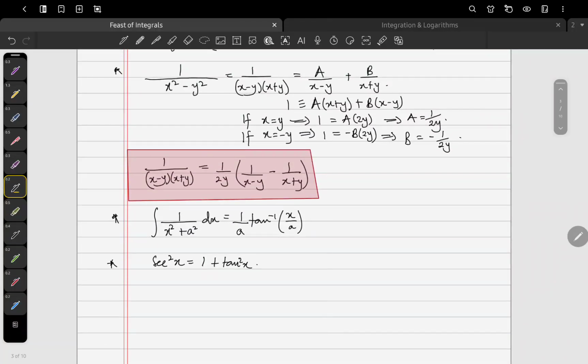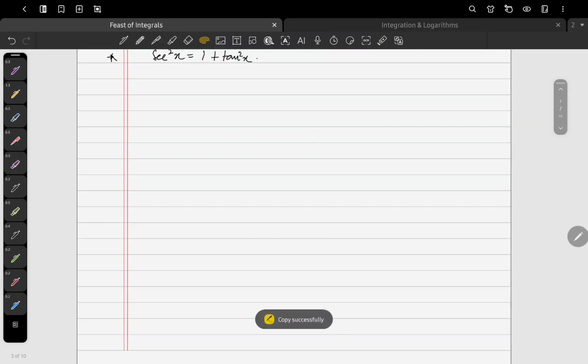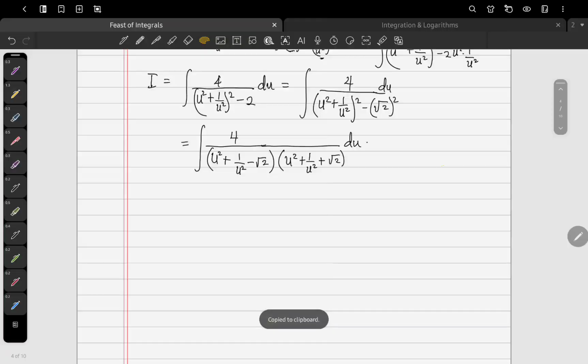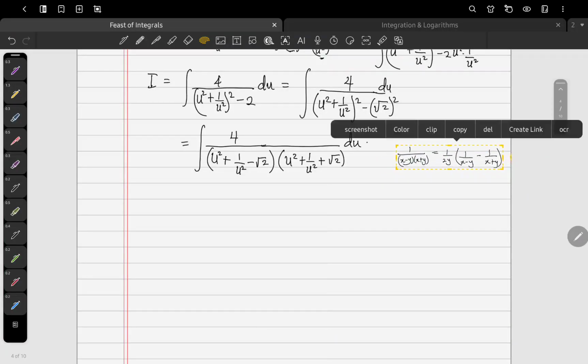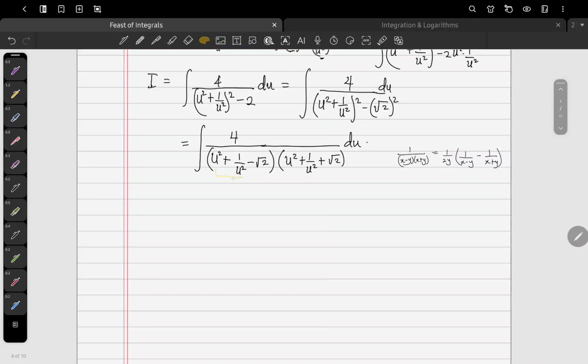So when we have the partial fraction of any difference of two squares, x squared minus a squared, or x squared minus y squared, it is always going to end up as, maybe I should copy this and paste it here. So this is our x, this is our x minus y, x plus y.